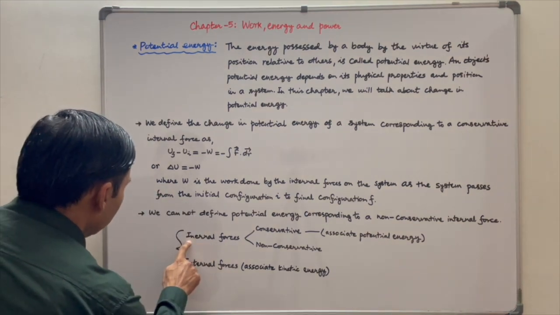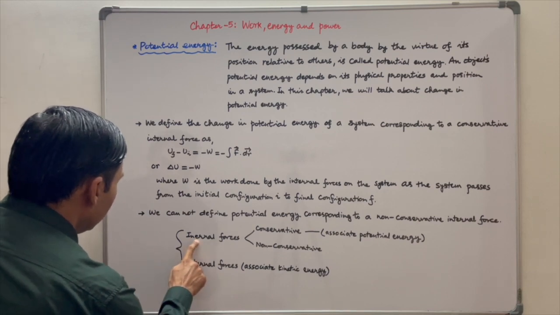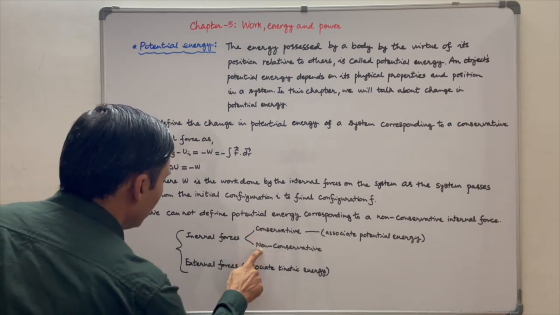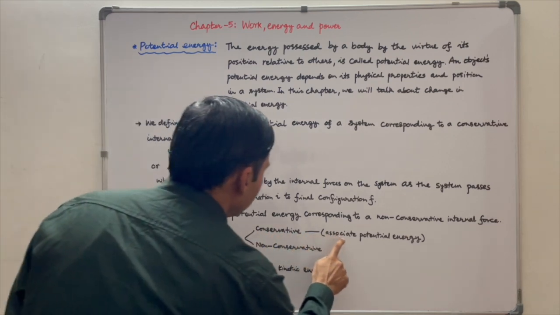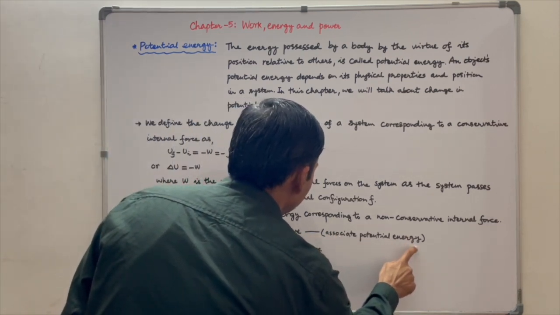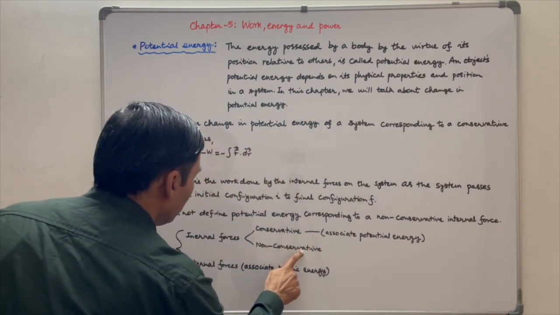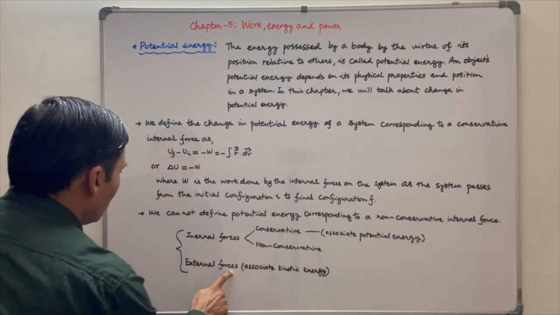We consider internal forces and external forces working on a system. Internal forces are divided into two categories, conservative forces and non-conservative forces. Corresponding to each conservative force, we associate potential energy, but we cannot associate potential energy with non-conservative forces. We associate kinetic energy with the external forces.